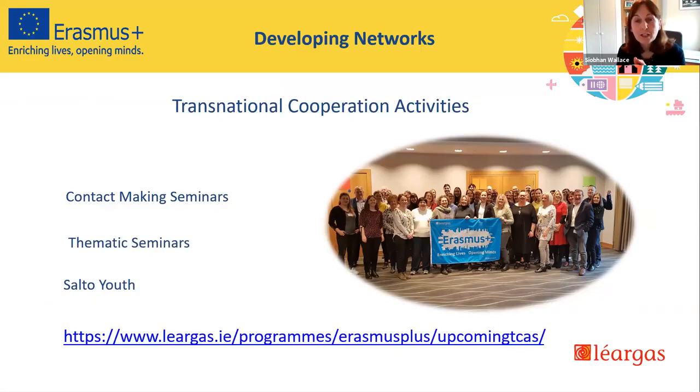So what national agencies organise are transnational cooperation activities, and we have a specific budget for funding these types of activities. There's a range of different activities that can happen under these. The main one is contact making seminars.